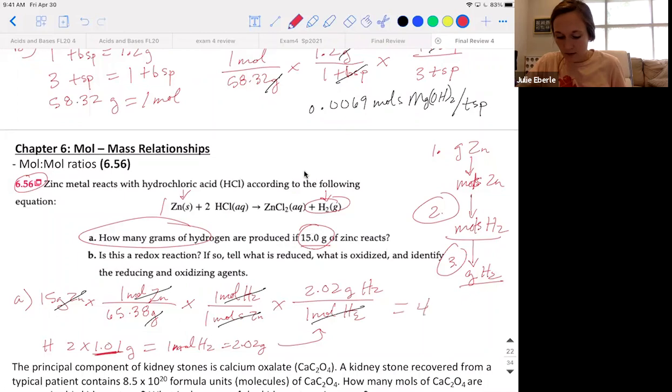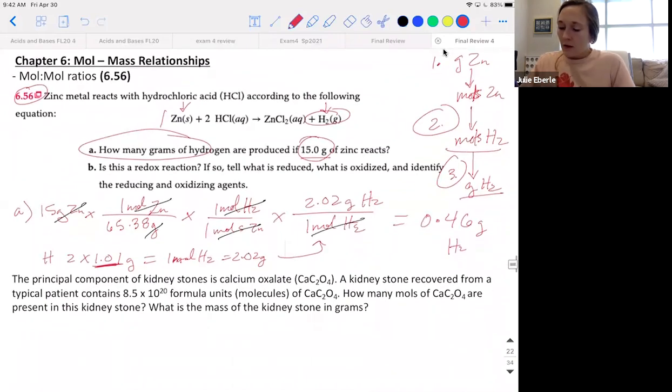What do y'all get? 0.46 grams is what I got. Questions there?